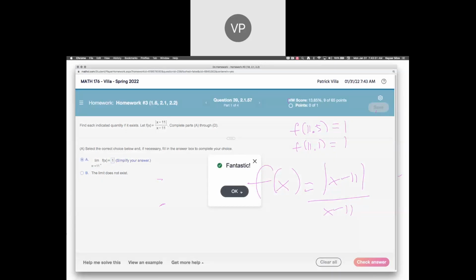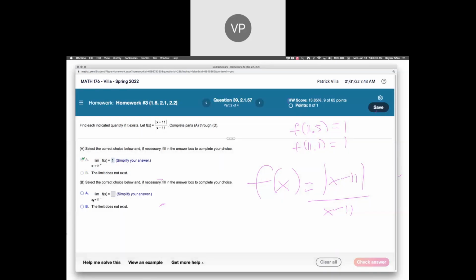That looks good. Okay? But coming in from the left side, now I'm going to plug in something like 10.5 and maybe 10.9. Again, remember, from the left side, coming up to 11, picking numbers as close as I can get. Maybe 10.99 is even better.